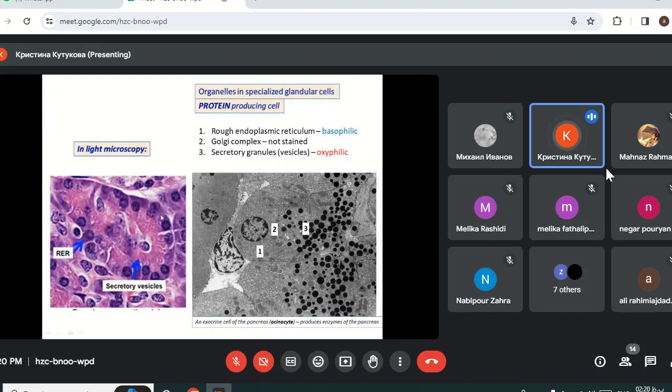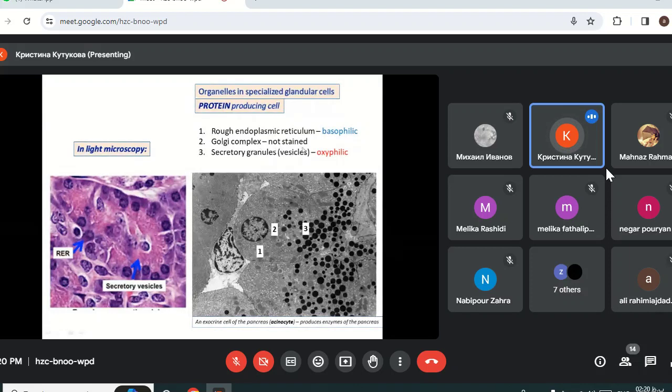So here you can see a group of cells producing pancreatic enzymes, and here is their basal portion where a lot of rough endoplasmic reticulum is seen around the cell nucleus. So this portion is more violet, bluish violet, more basophilic because of rough endoplasmic reticulum.